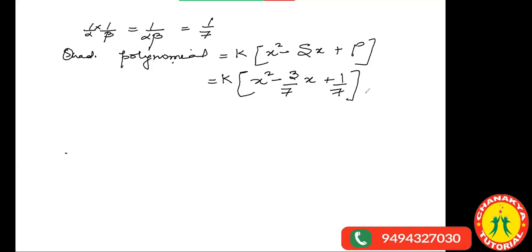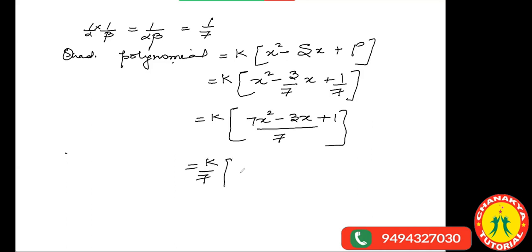You can leave your answer till here or you can take LCM 7. So 7x square minus 3x plus 1, or k by 7 into 7x square minus 3x plus 1. Yes, children, have you understood?